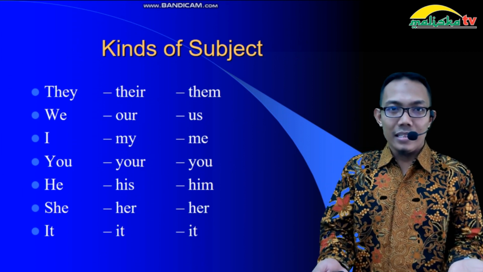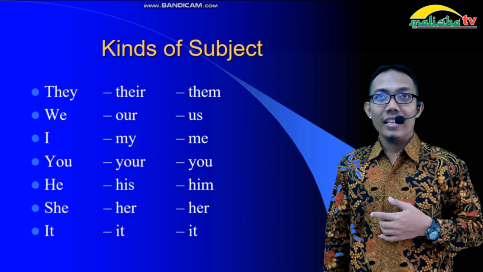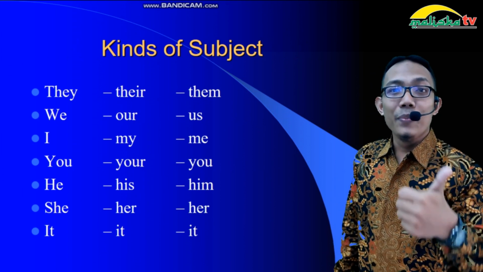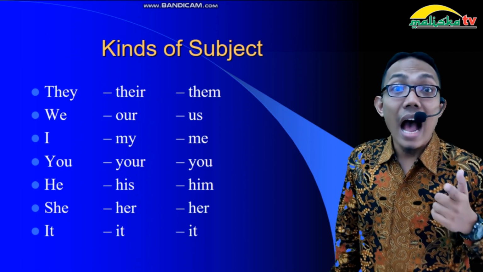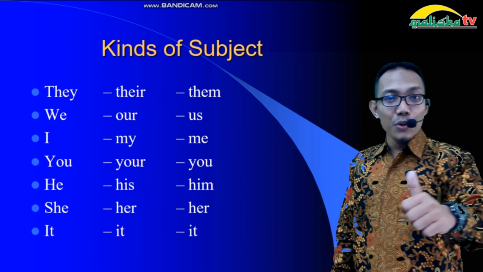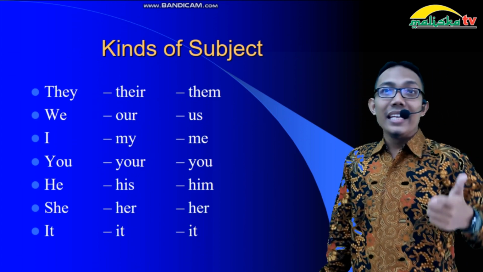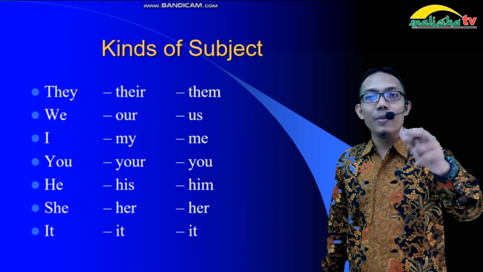How about the subject in possessive position? They will be their. And then we will be our. And then I will be my. You will be your. He will be his. She will be her. It will be its.